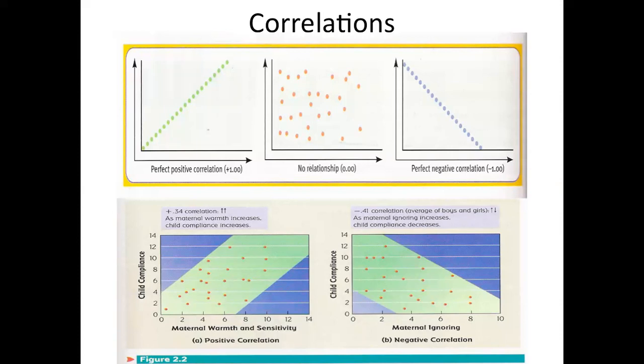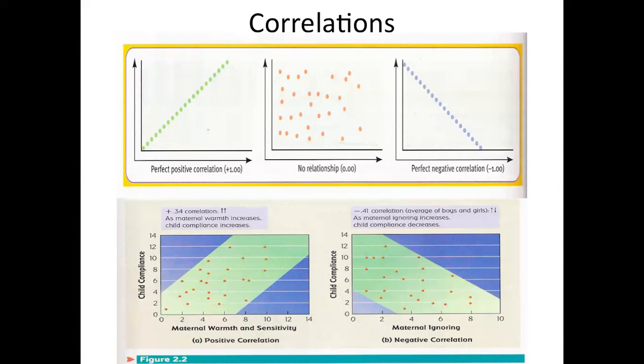Now, if you look at the bottom correlations, which correlation is stronger? The bottom panel on the left or the bottom panel on the right? What would you say? Anyone have a belief?